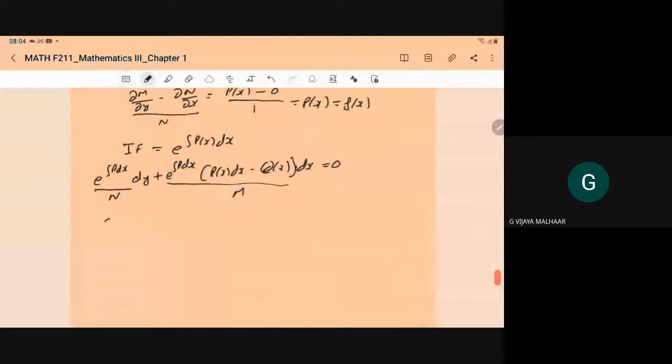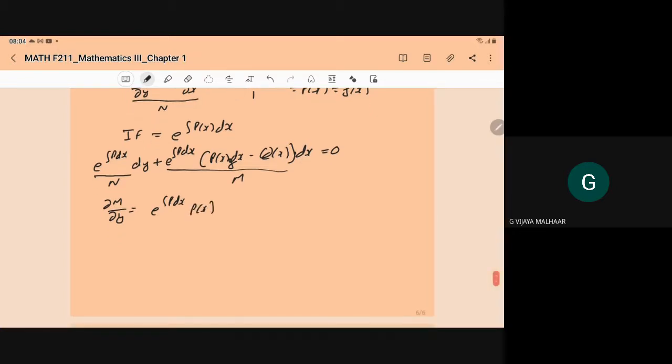Now if you compute del M by del y, we keep x as a constant, so we get e to power integral p dx into p(x).